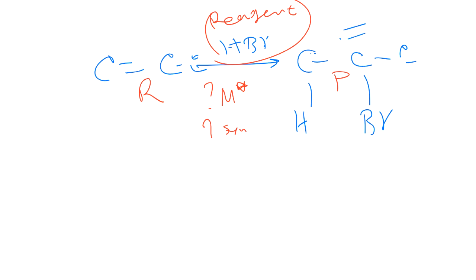Syn or anti. How do we know if it's syn or anti? You have to look at the mechanism for the reaction. If the mechanism says you have a carbocation, which way is the nucleophile added? Would it add from the top or from the bottom? Would it make a difference?